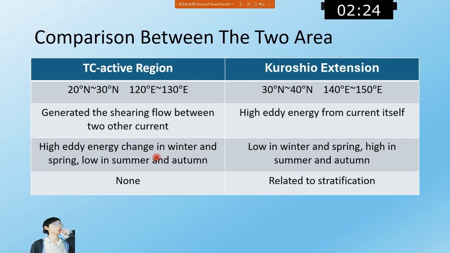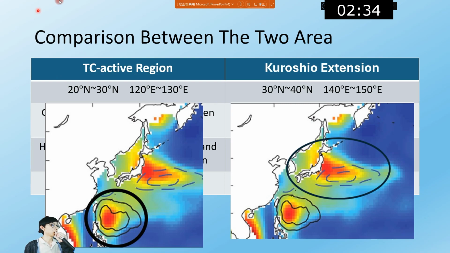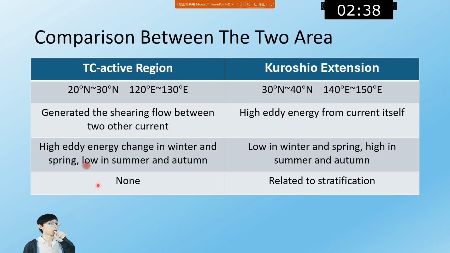Then I make tables to compare these two areas. First is the location, just like on the last page I said, and the second one is the AD energy source.